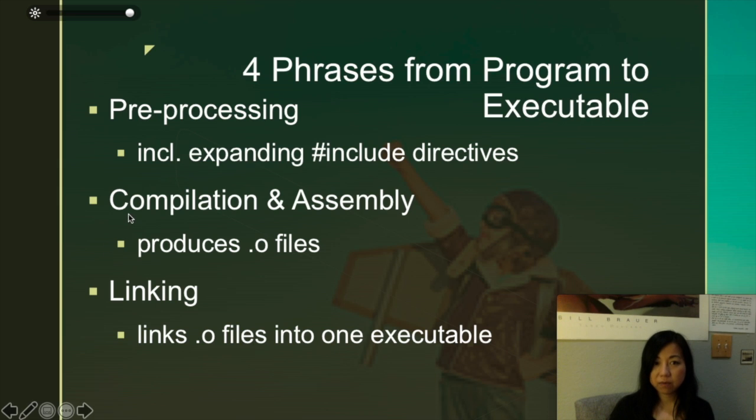The second step, we would compile and assemble the code into some .o file. Actually, every class will become one .o file. So in our case, there will be a money.o file, and then there will be a main.o file. And then the last step will be linking. It will link those two files into one executable, and then we just execute that executable to run the program.